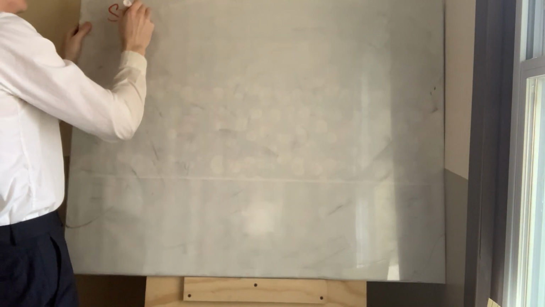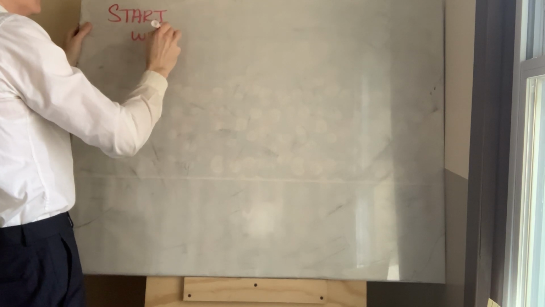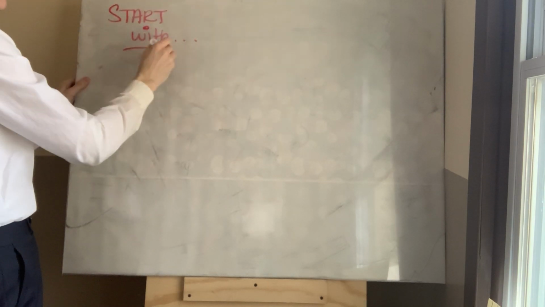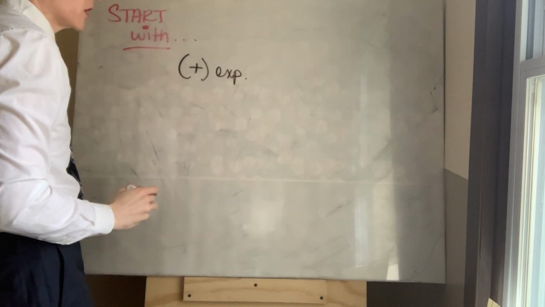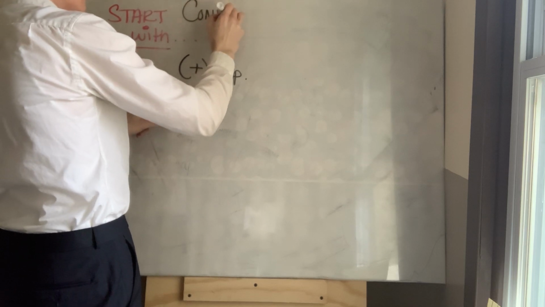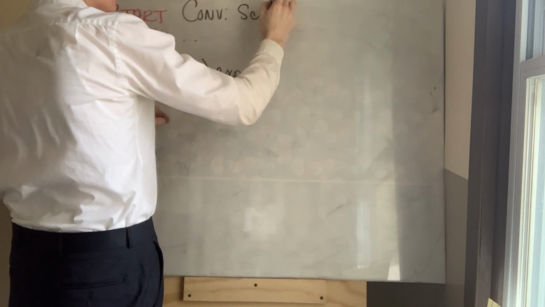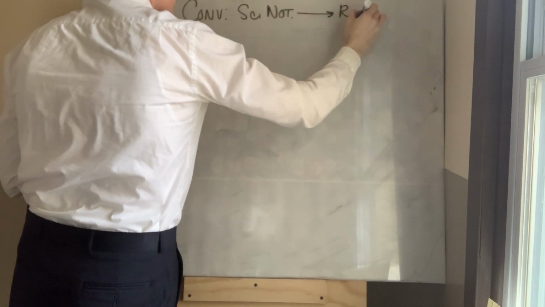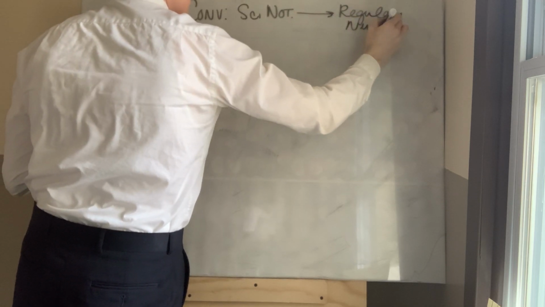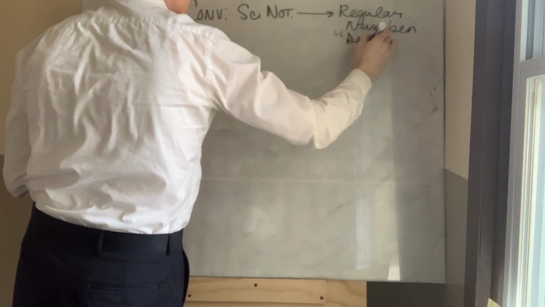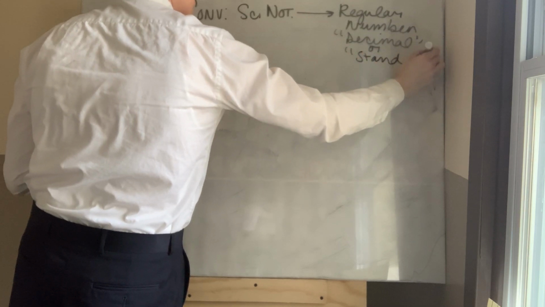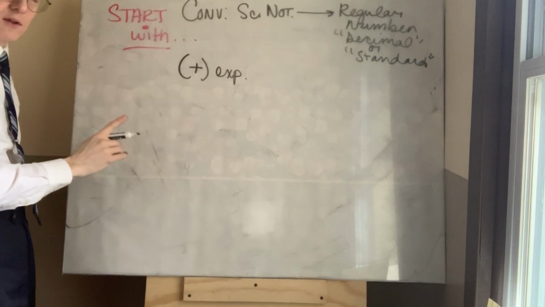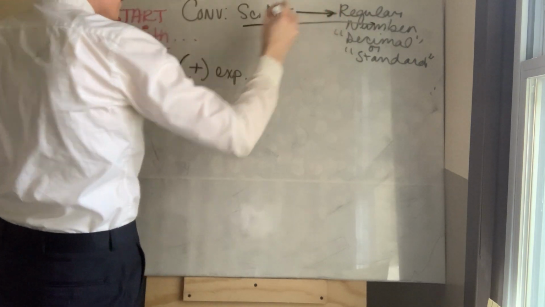When you start with a positive exponent, and you're trying to convert, this is for converting from scientific notation more or less to a regular number, i.e. a decimal or standard, do associate the conversion for this sake with a direction.